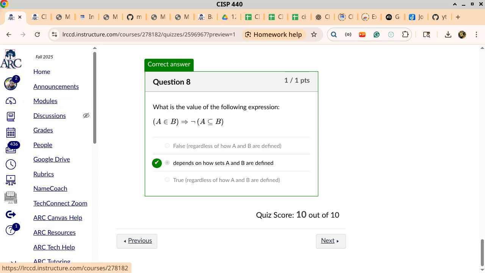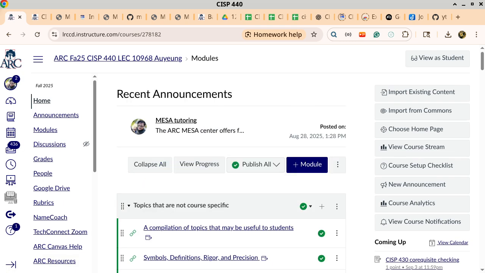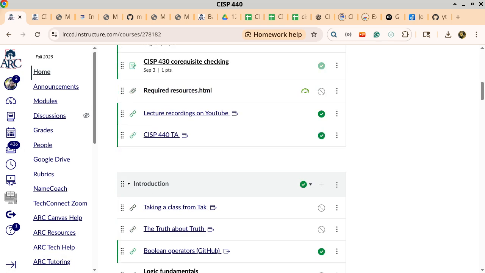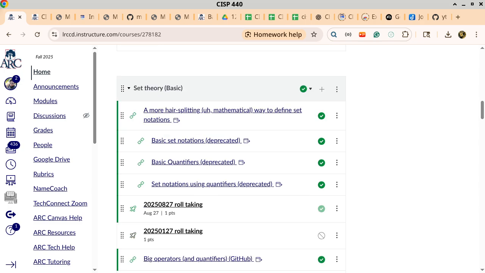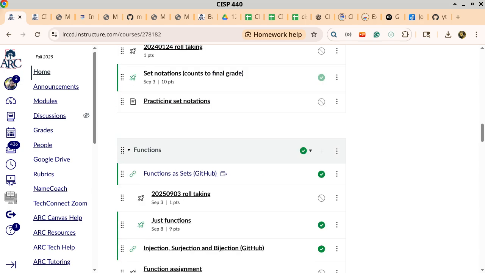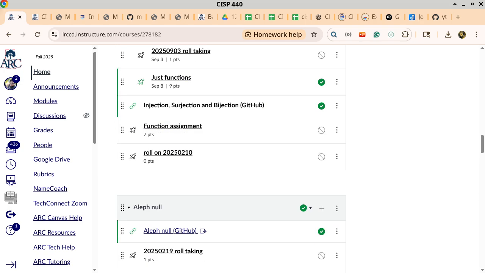All right. So are we ready to move on to talk about functions? All right. So the reading material is, okay, before I forget, there's also a homework assignment for next week.